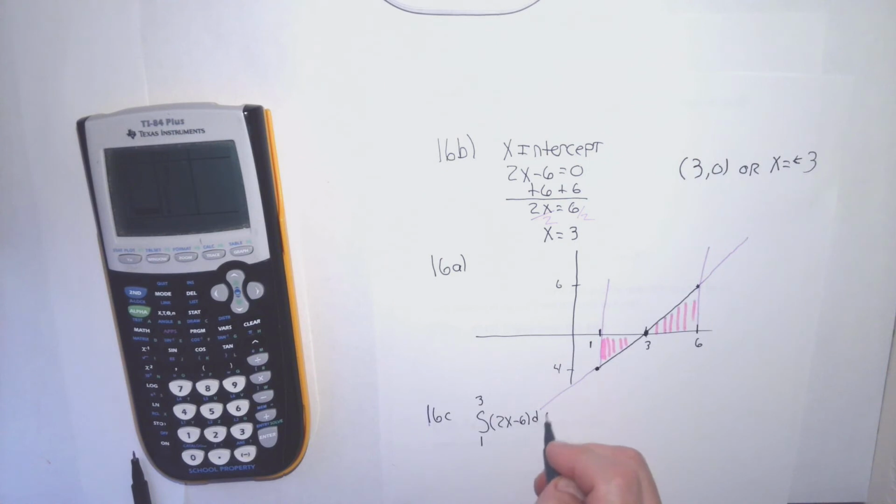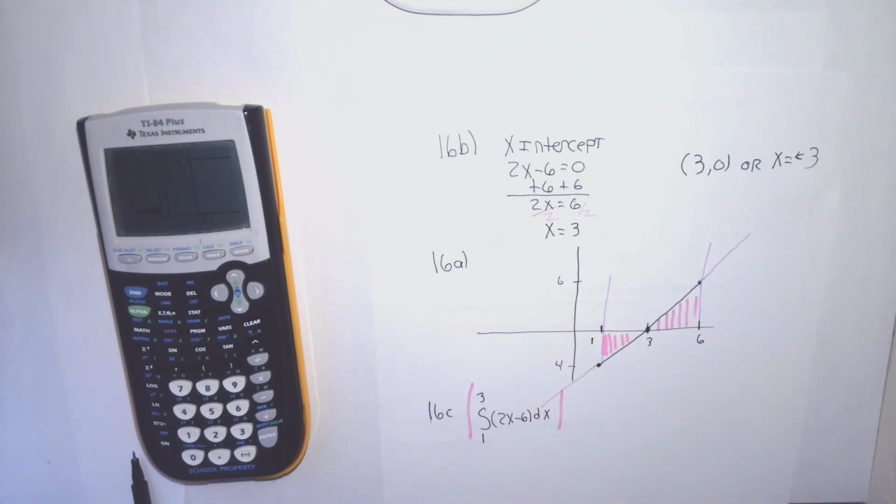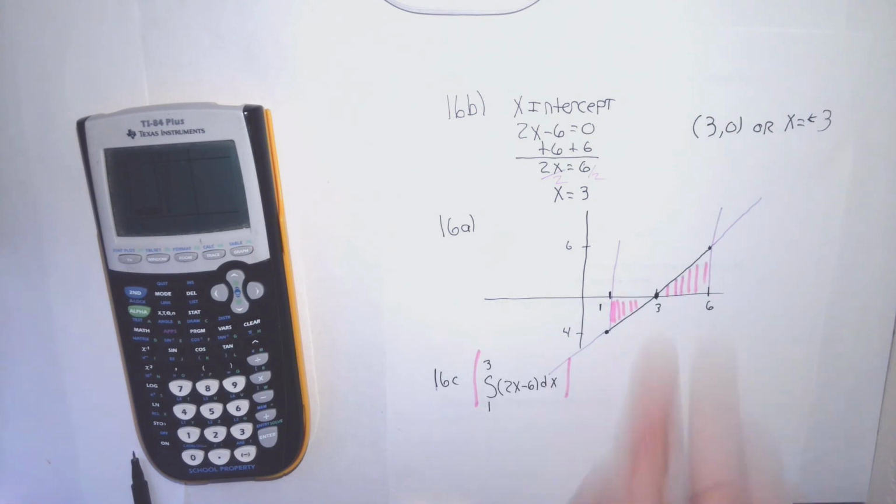And I know that this one is going to come out negative. I'm going to put absolute values on that so I know to make the number positive. The second integral I'm going to do is for the right triangle, the integral from 3 to 6 of 2x minus 6 dx. Let me just do this integral off to the side.